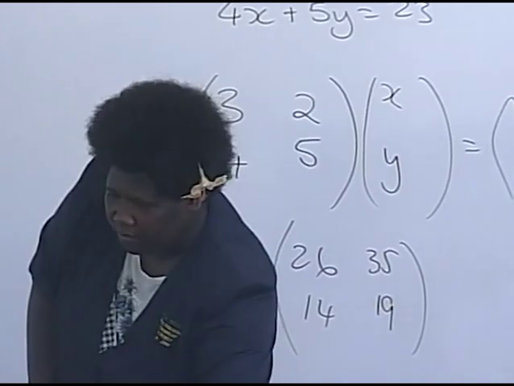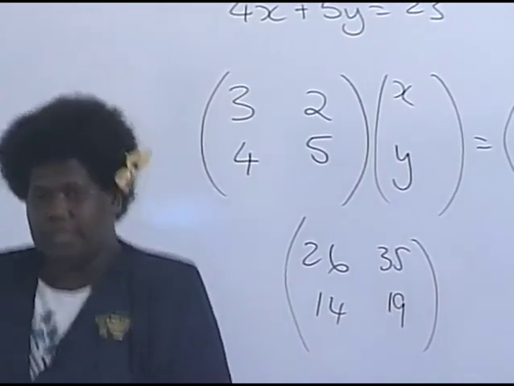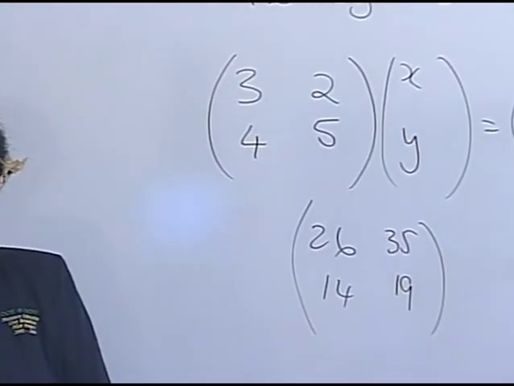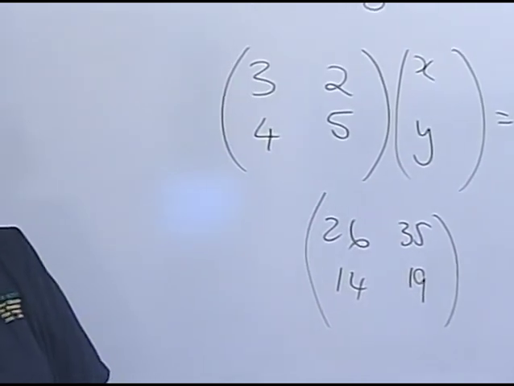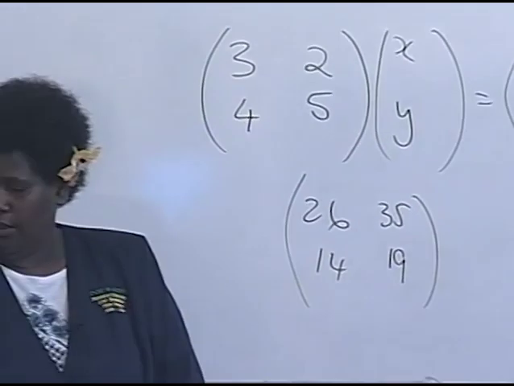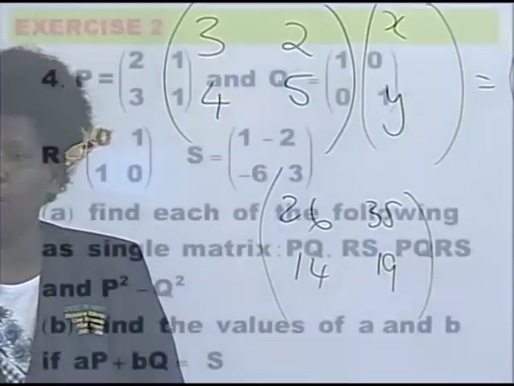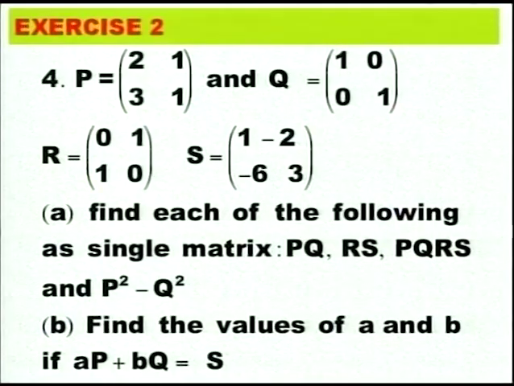Good. You're going to complete question 3 because most of you haven't completed it yet. You'll complete question 3 and question 4 for homework. They are the same questions 3 and 4 from your textbook. The rest of the exercise we will look at in the next lesson.